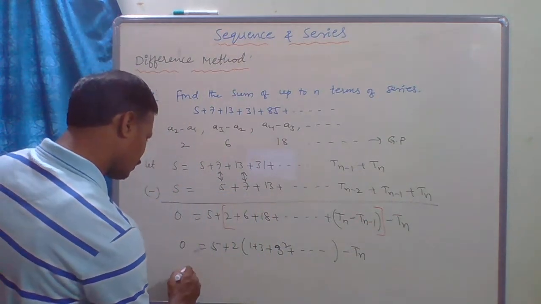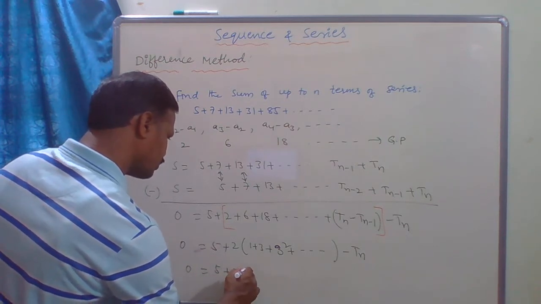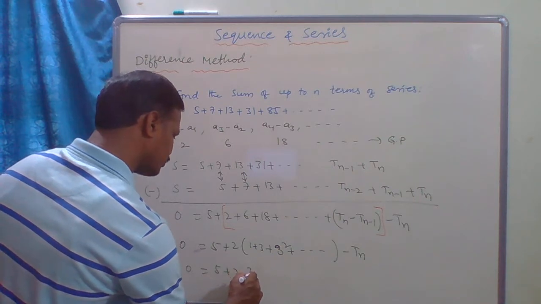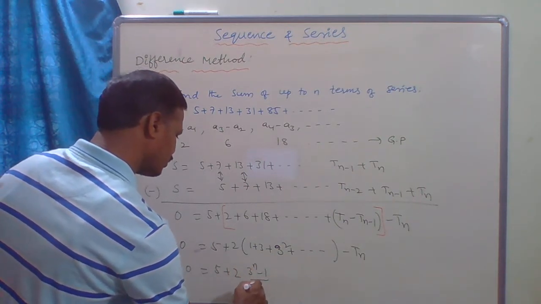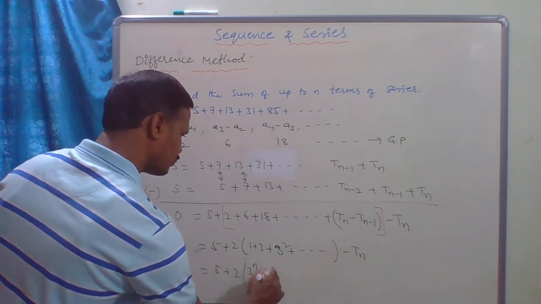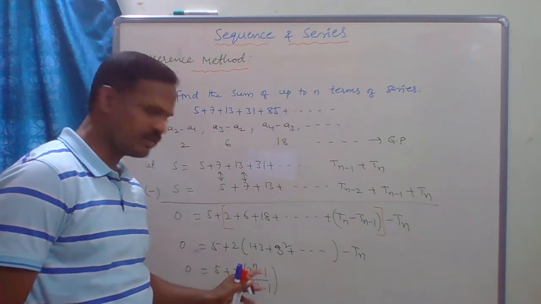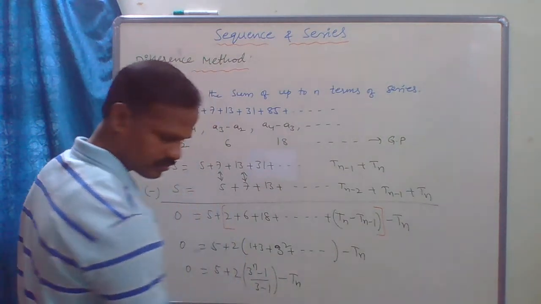Now 0 equal to 5 plus 2 into a into r power n minus 1 by r minus 1. Clear? So there are n terms, so 3 power n minus 1, so minus Tn. Clear?